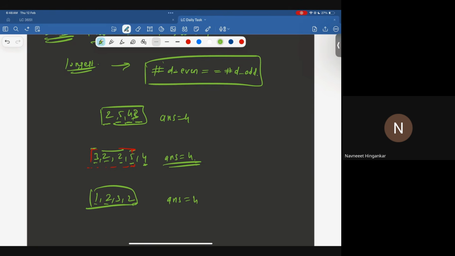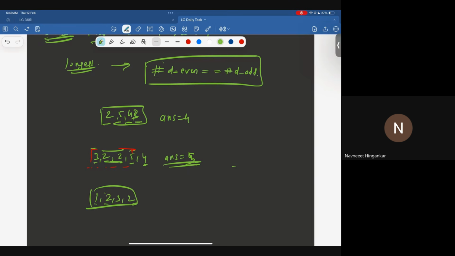It's the total number of distinct even. Okay, sorry, distinct even and distinct odd. So in the entire array, 2 is repeated, so we just count it once and the answer becomes 5. Same for 1 2 3 2. The answer is not 4. Basically the count of distinct even should be equal to the count of distinct odd.